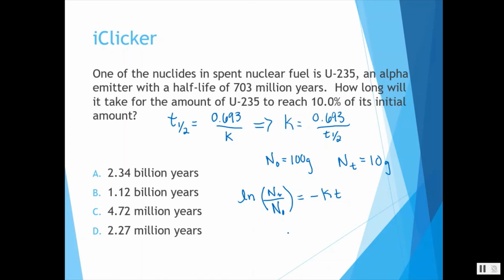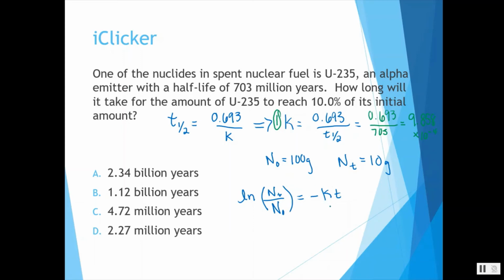When you do this, first we're going to use our half-life to calculate our rate constant. So we plug in our half-life, which is 703 million years, and when we divide 0.693 by that 703, we get 9.858 times 10 to the minus 4th per million years.